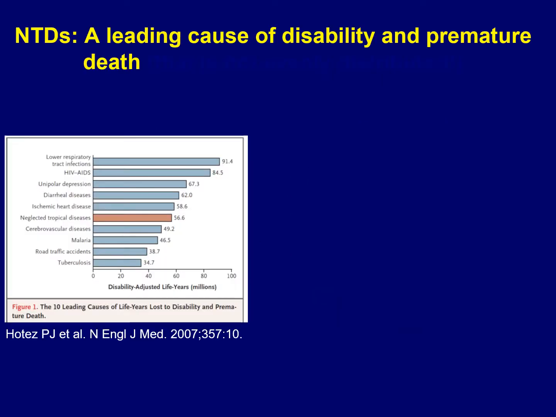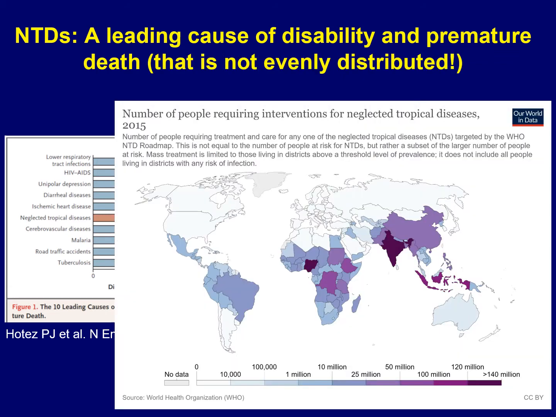Neglected tropical diseases are a leading cause of disability and premature death, and we know that from global burden of disease data. Here you can see it's among the 10 leading causes of life years lost to disability and premature death. The global distribution of NTDs and the people requiring interventions is not evenly distributed.